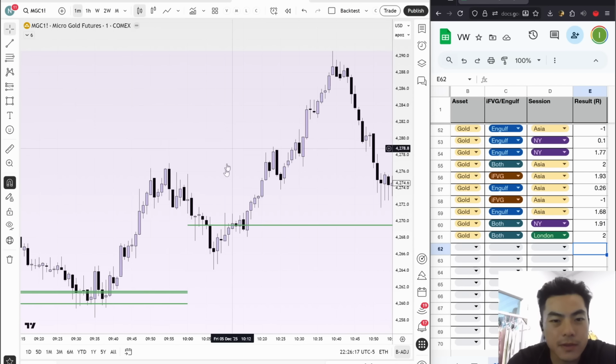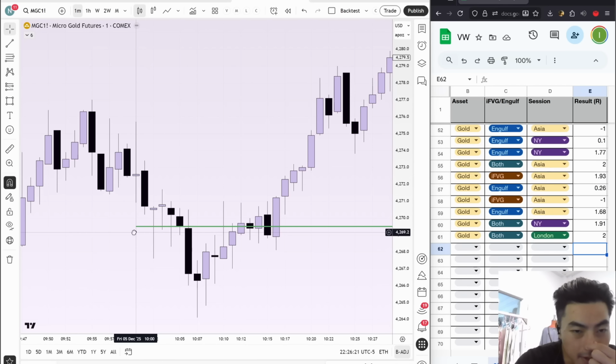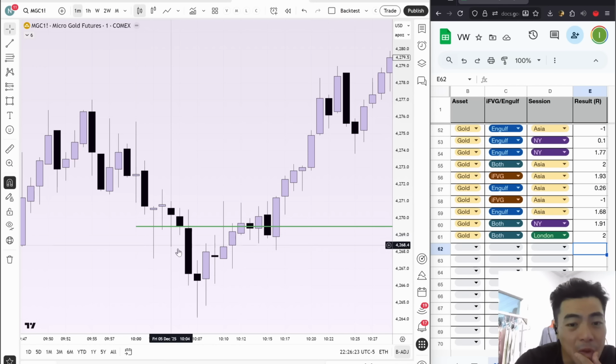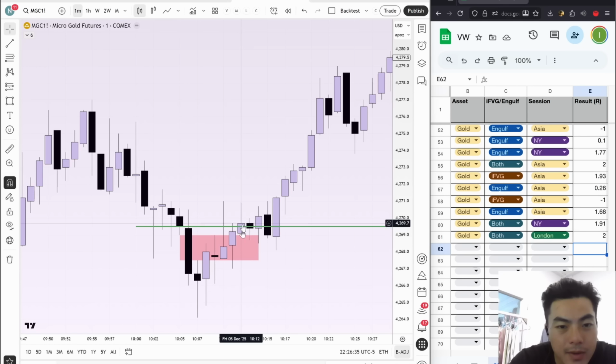Okay, this looks nice. Candle opens up here, 10 a.m. Close beneath here, and then we start to ride back up. We get an inverse fair value gap confirmed here, and yeah, I guess you can call that an engulfing candle as well.